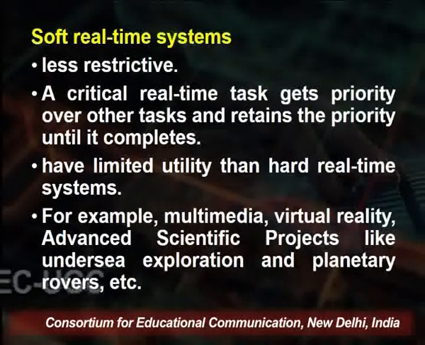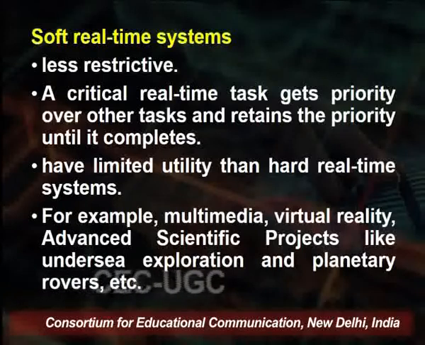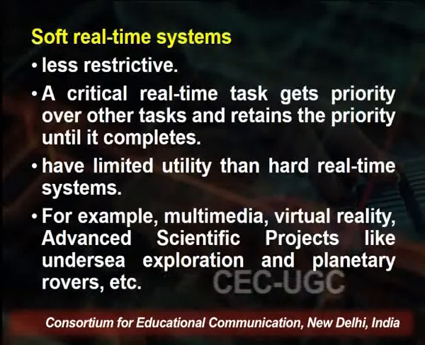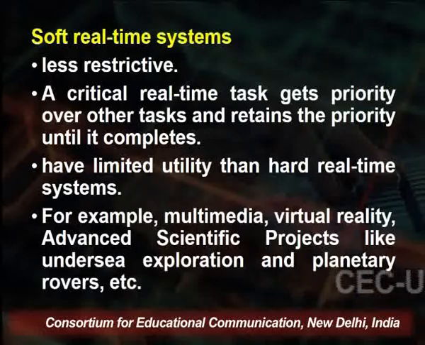A soft real time system has more limited utility than a hard real time system, because if we are talking about real time systems, they have to be very stringent and strict in terms of response time at least.